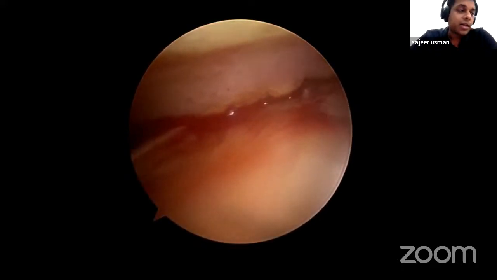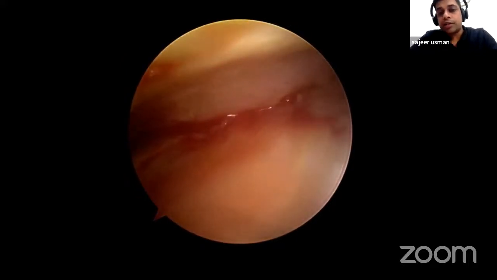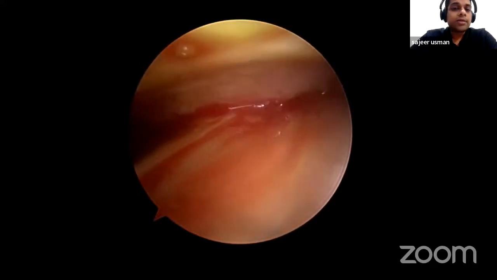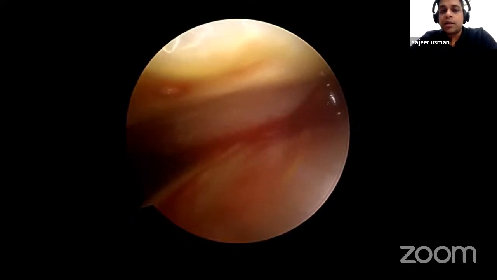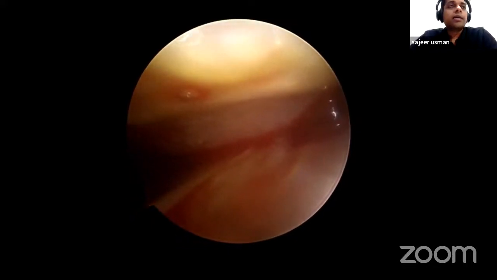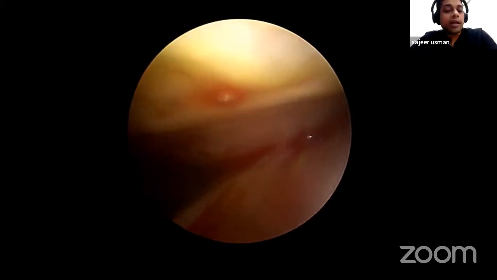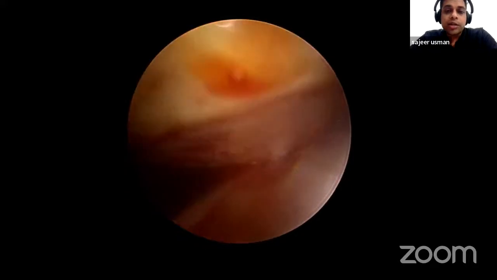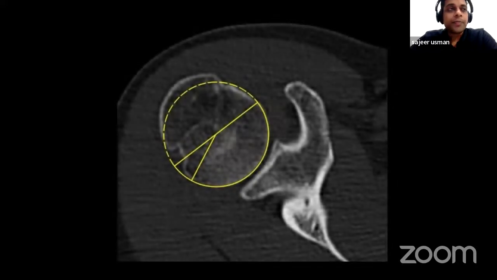It clearly indicated that the engaging Hill-Sachs is the point these authors had seen as a real reason as to why soft tissue procedures fail. So whether a Hill-Sachs is engaging or not is a complete arthroscopic finding, and it cannot be assessed preoperatively.